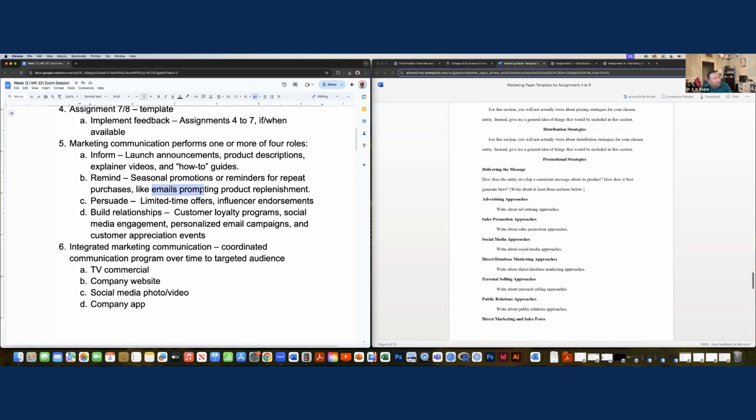And then the next one is persuading, getting you to react. So when you see that piece of communication, they want you to do something about it, whether it's to visit a website to learn more information or to actually buy something. So one of the ways they entice you would be limited time offer, right?